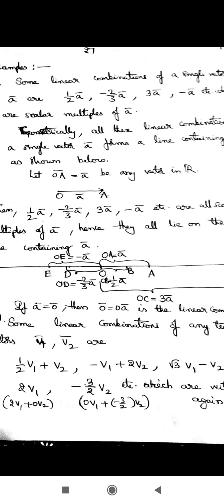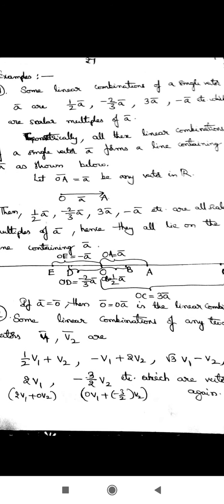Then the vectors I have mentioned above, which are 1 by 2 a bar, minus 2 by 3 a bar, 3 a bar, minus a bar, are all scalar multiples of a bar, and hence they all lie on the same line, which is a line containing a bar.